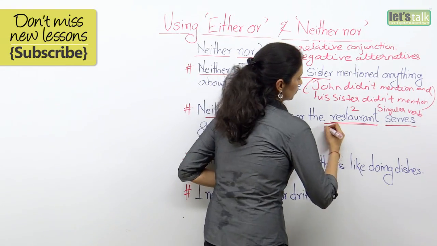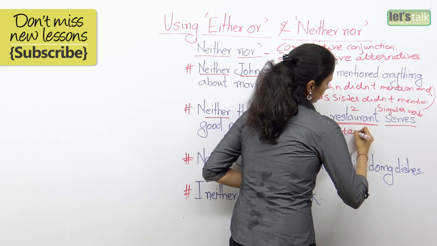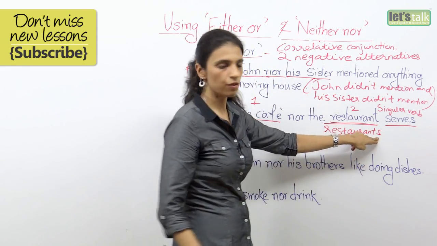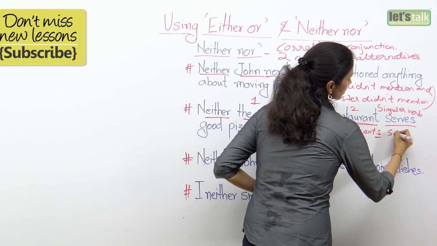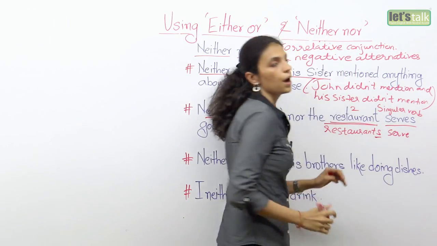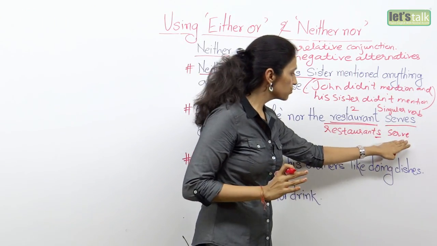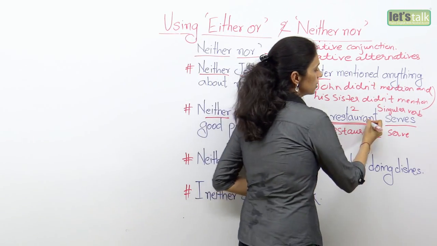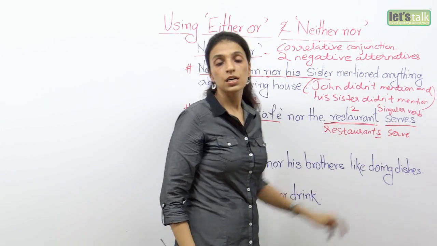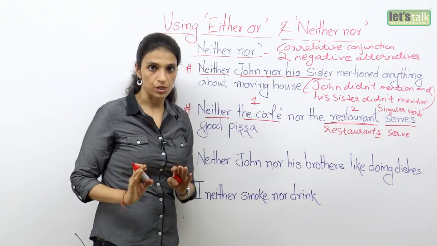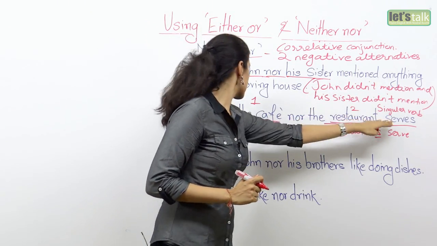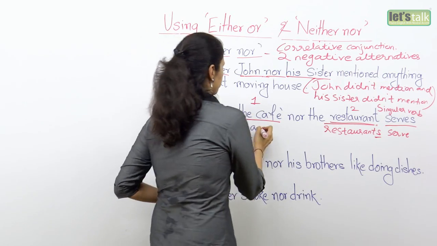Supposing it were restaurants, I mean the noun in the plural form, I would use "serve", because the verb has to agree with the second alternative. So here it is singular, I use a singular verb. Please do not forget this rule.